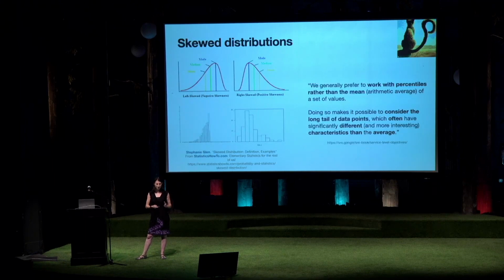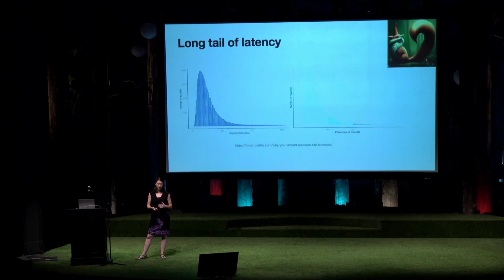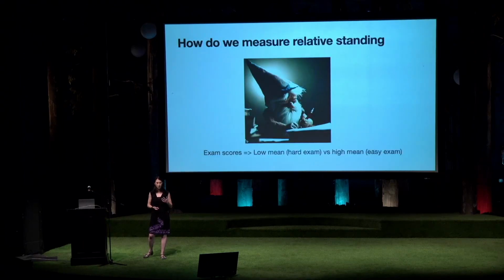So in monitoring, like we said, we typically have skewed distributions. And as the distributions are skewed, we really want to care about the long tails, for example, of latency. And how do we measure that? How do we better understand the long tail in latency? One of the ways is to look at the relative standing of things.